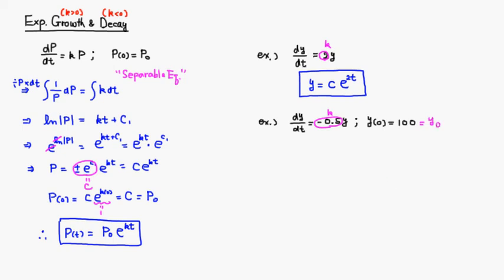So the solution is y equal to, with initial value 100, 100 e to the negative 0.5t. This is the particular solution of this initial value problem. All right, that's it. I hope that this was clear.